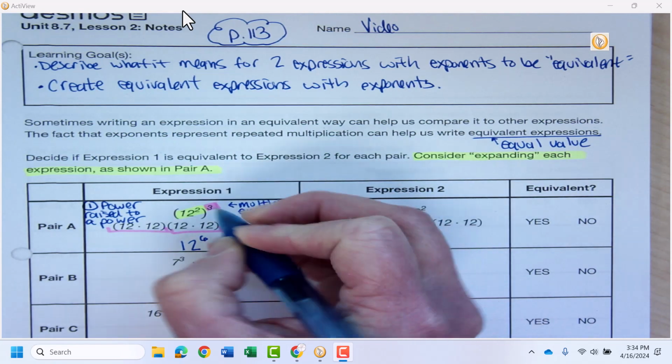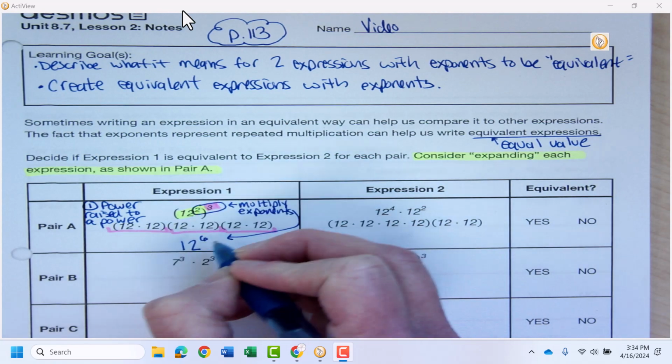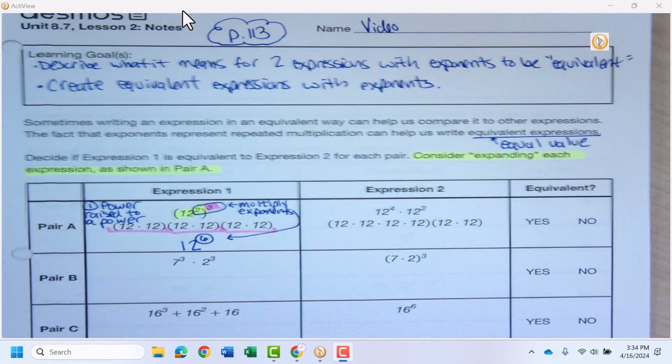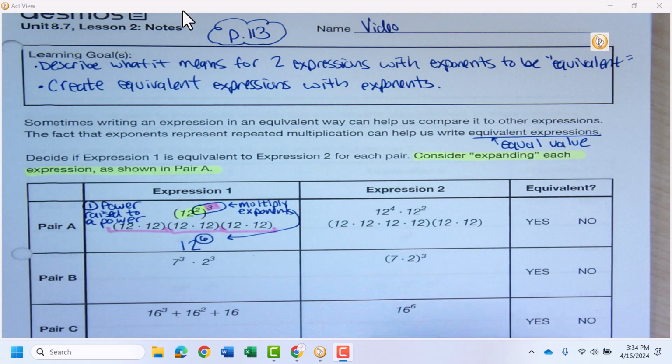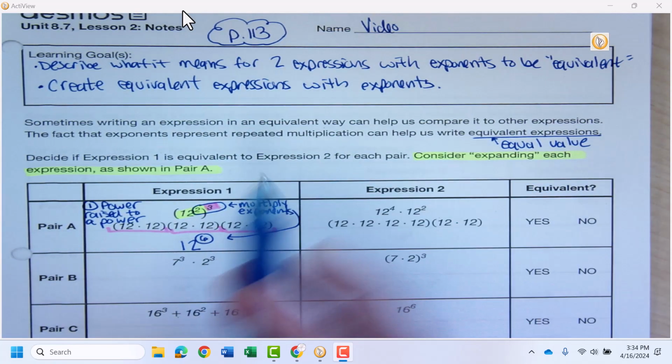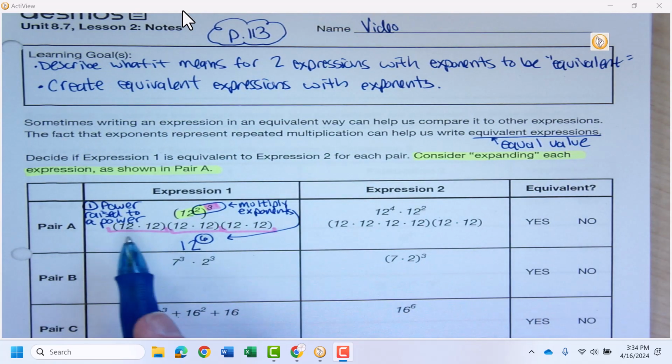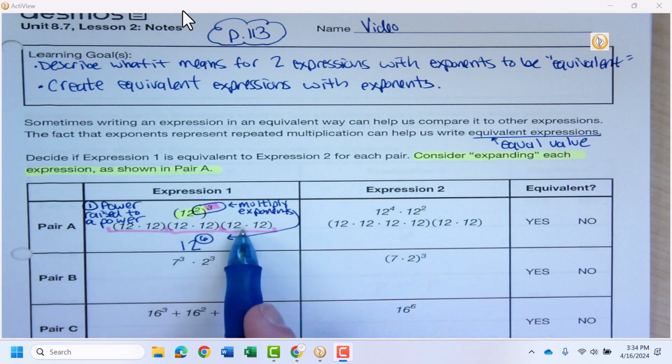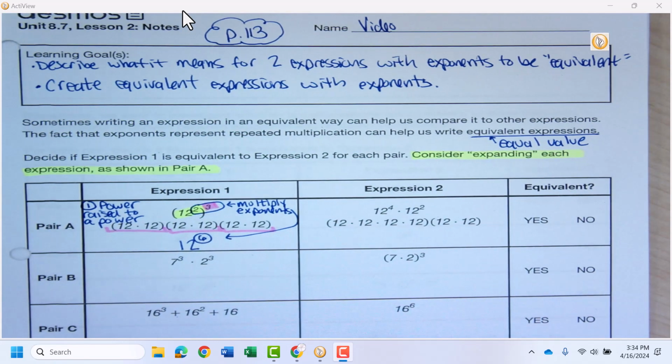And that gives us the 6. And the base stays the same. Now you can either try to remember that rule or write it on a note card, or you can rely on just expanding it out whenever you see a power raised to a power. Either will work.